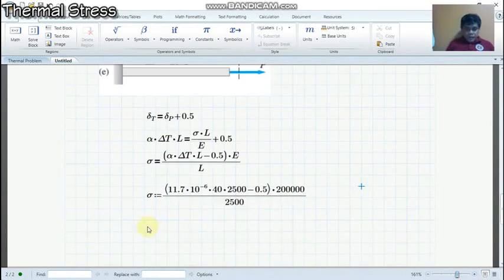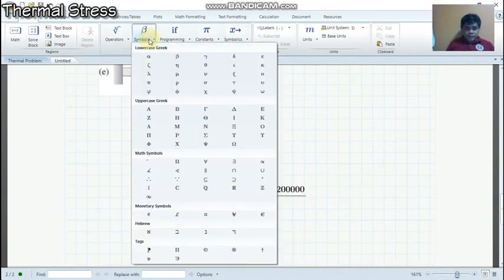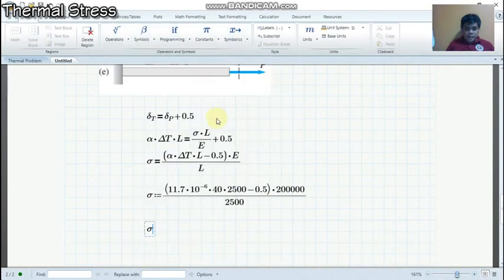So we can now determine the stress in the bar, and that's equivalent to 53.6 megapascal.